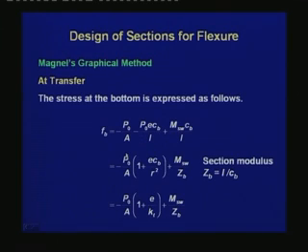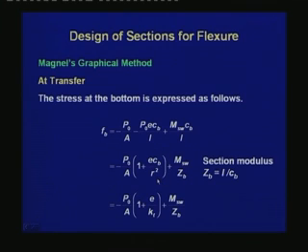It consists of the uniform component, which is minus P0 by A. Then it has the varying component, which is due to the eccentricity of the prestressing force, which is minus P0 times E times Cb divided by I, and since this is compressive, we are placing a negative value, plus the component due to the self weight, which is MSW times Cb divided by I, and the component due to self weight is tensile, and hence we are placing a positive value.